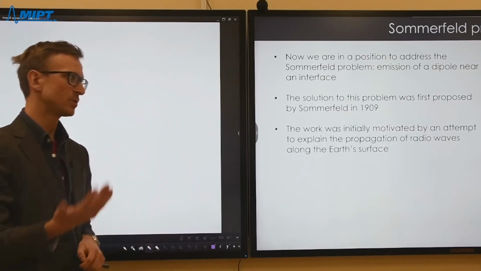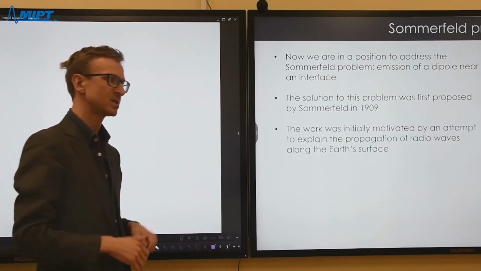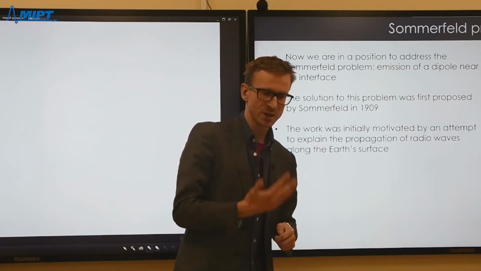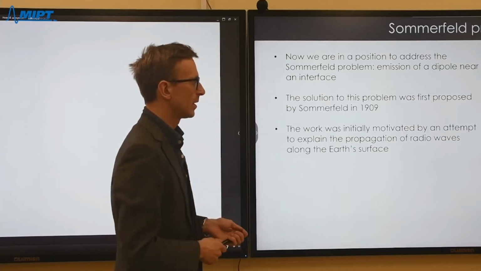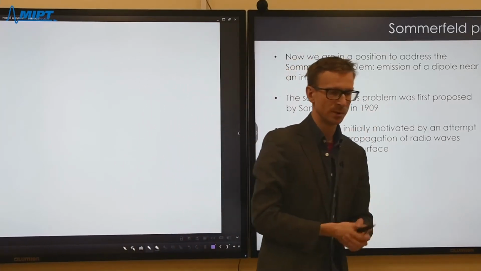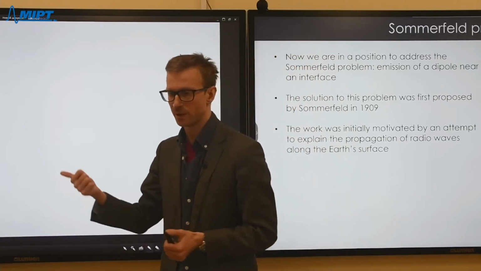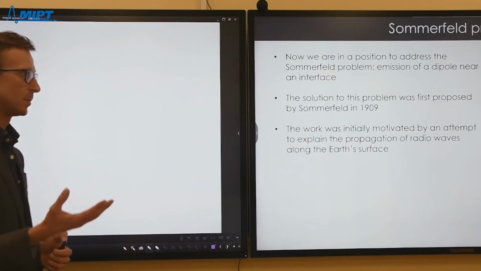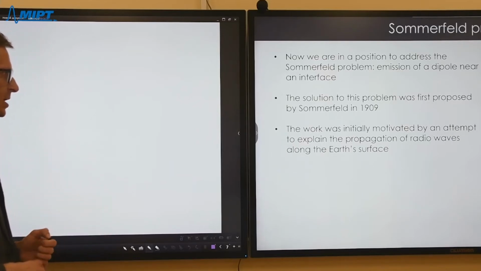It was hypothesized that surface waves carry part of the energy, and to rigorously address the problem, one had to solve exactly this radiation problem with a dipole, which modeled a radio antenna placed above the Earth, modeled as a flat substrate.